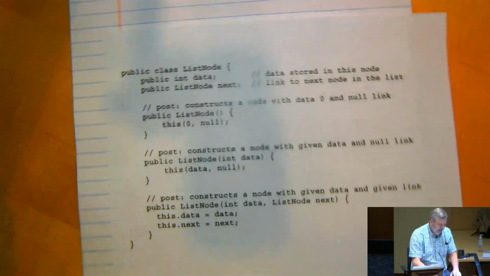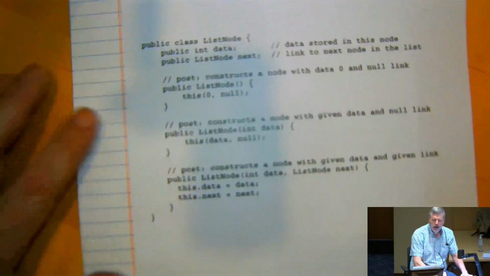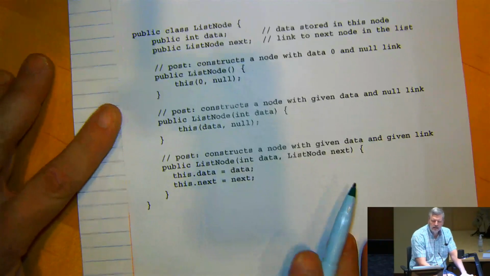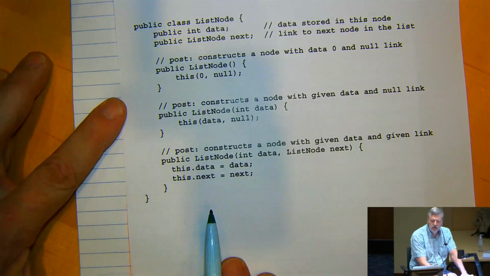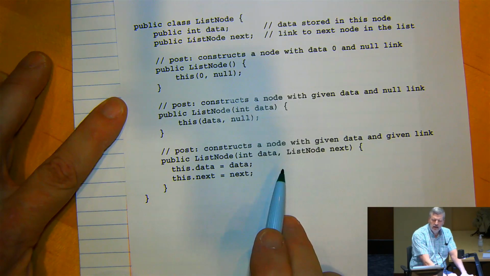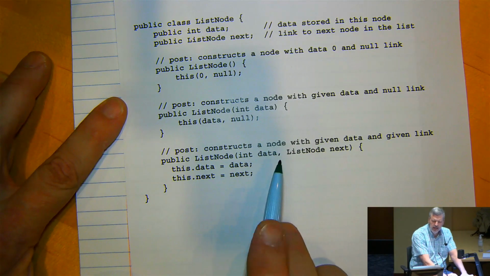Okay, well, so that's an example of a simple loop. I showed you this last time where we had a ListNode class that keeps track of our data and our next, and it had our 3 different constructors. I pointed out that this is the constructor that is getting executed in all of these different cases.